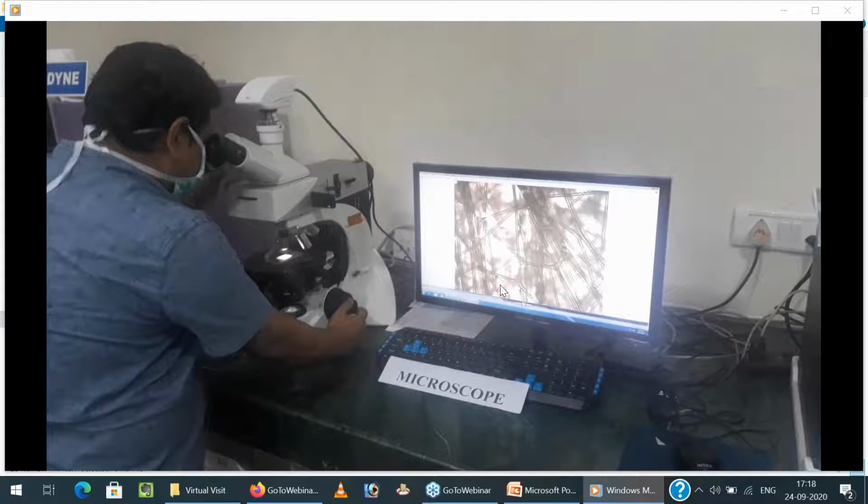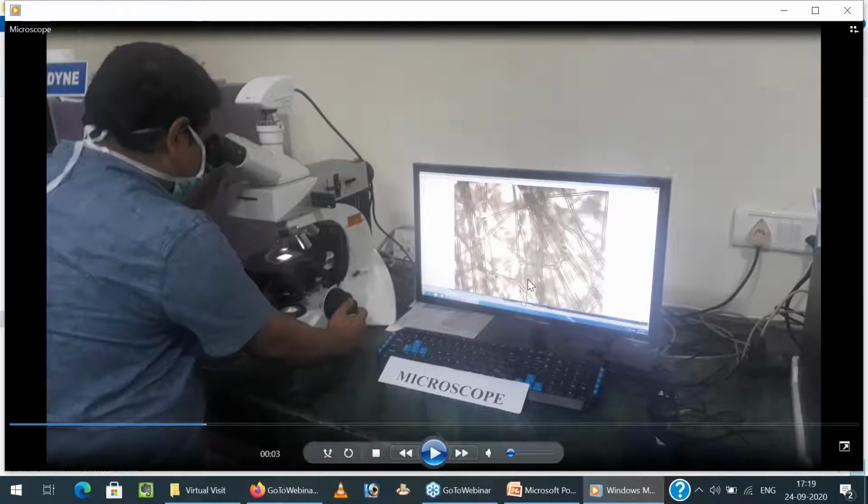But if we have wool or cotton, we will find the particular signature of the fiber. The texture of the woolen fiber is not similar to the cotton fiber, and jute fiber is slightly different. So by this image and our master images, which are available for different fibers, we can compare and identify the fiber.